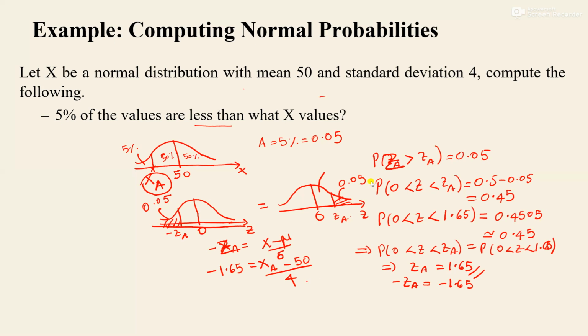After calculating this one, now we have this area. So from this, I am writing here, by manipulating this equation, XA is equal to minus 1.65 into 4, plus 50.